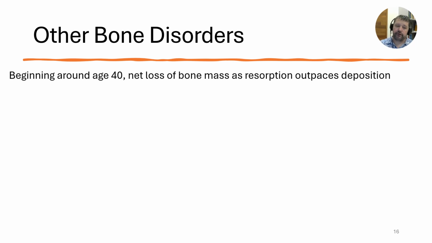And lastly, what I want to talk about is osteoporosis and other things that are associated with net loss of bone as an individual ages. Okay, so again, that 10% rule where you're basically regenerating 10% of your skeleton year after year.